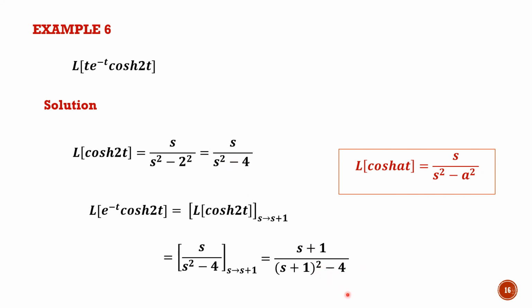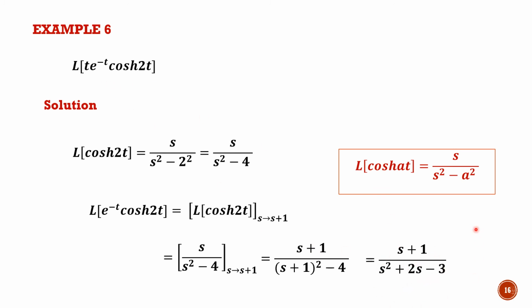Opening the denominator, we'll get s plus 1 upon s square plus 2s plus 1 minus 4, which is minus 3. So first we have calculated L of cos h 2t. Then we have to calculate L of e raised to minus t cos h 2t. So wherever s was there, replace it by s plus 1. So we got s plus 1 upon s square plus 2s minus 3.